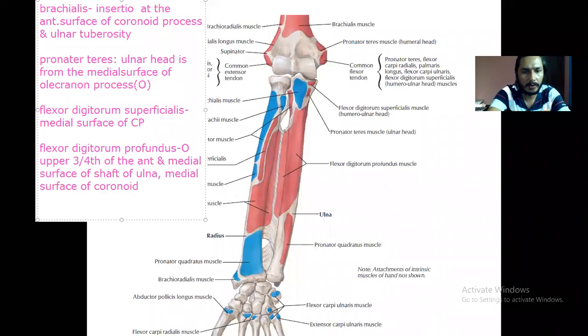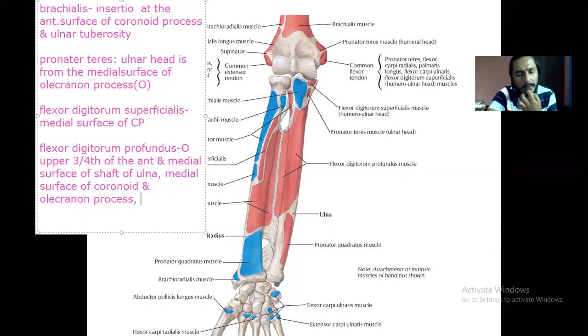Even it has got an origin from the posterior border also, from the upper 3/4 of the posterior border, so it takes the origin.